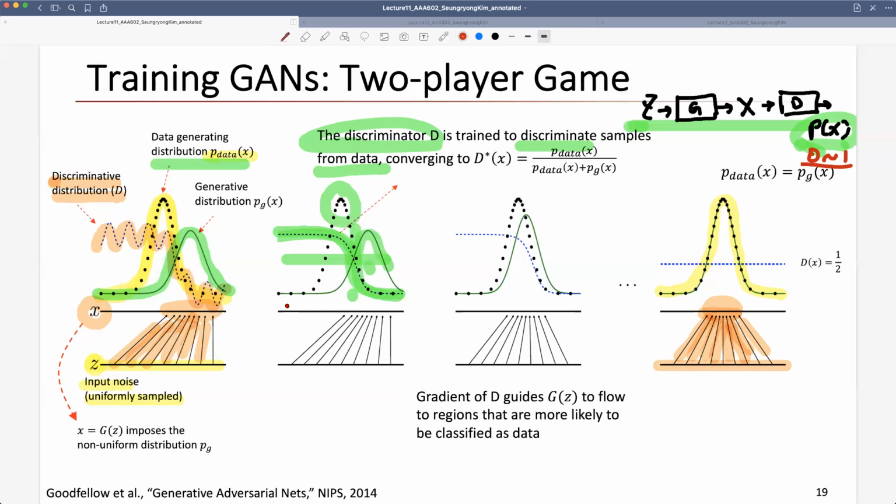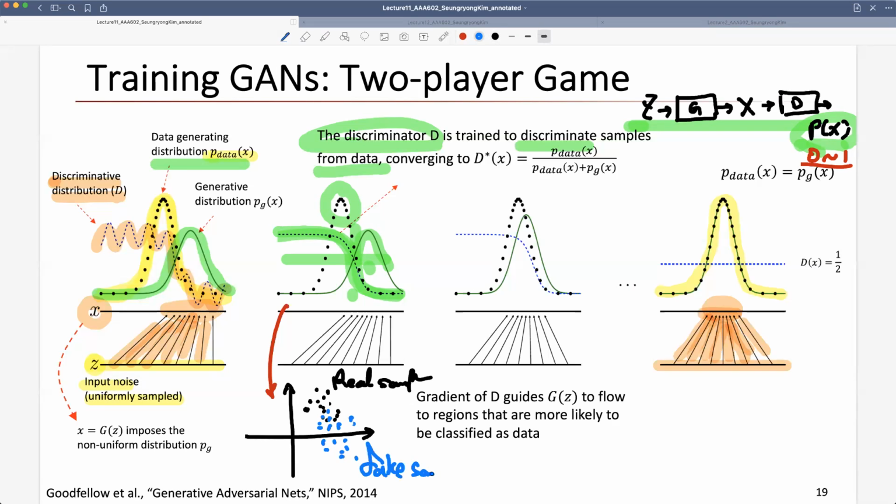Okay, so let me draw this one from the data point of view. Let's think about 2D data. Our real samples are here. Real samples.